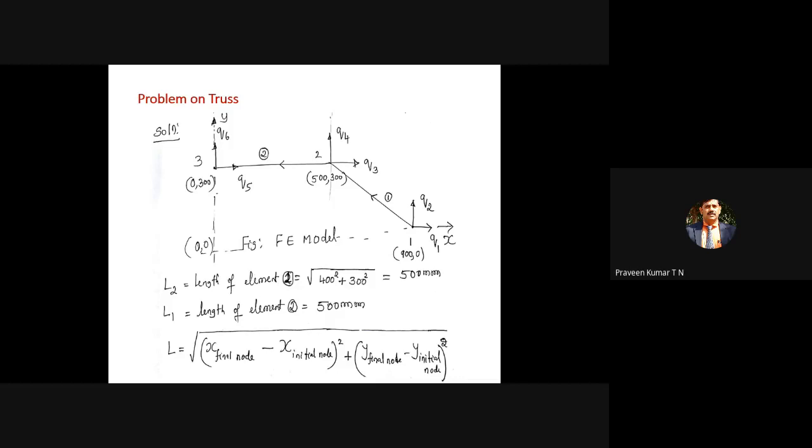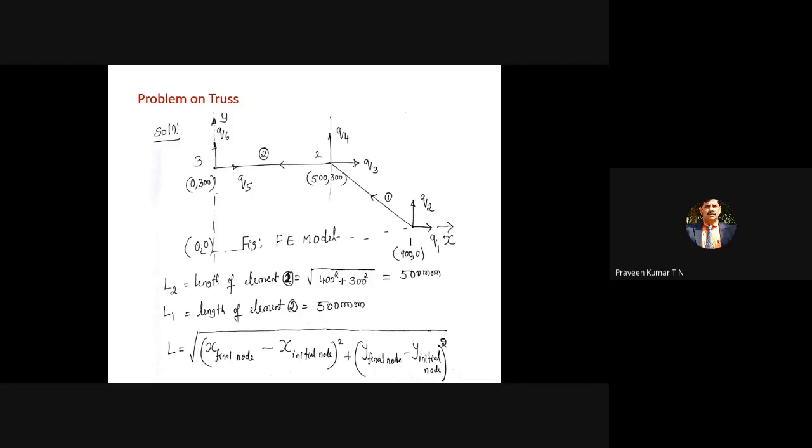At node 1, as far as a truss is concerned, there are only 2 DOF for each node, because we already discussed the DOF for each node. You describe this displacement in the global coordinate, hence we get 2 displacements. One displacement is along the x direction, referred to as Q1, and one more displacement is along the y direction, indicated as Q2.